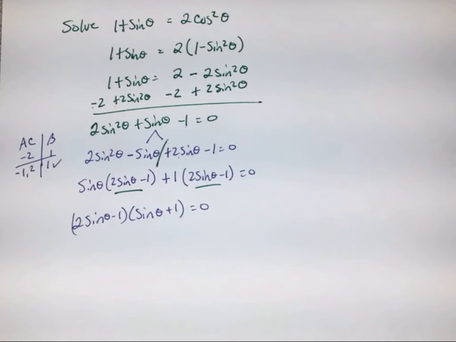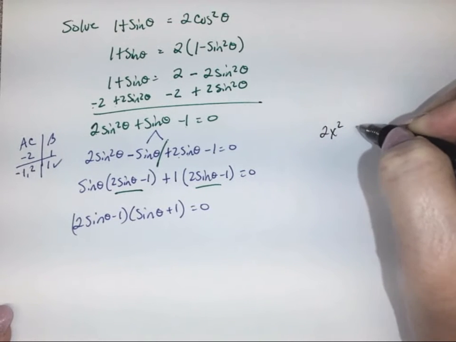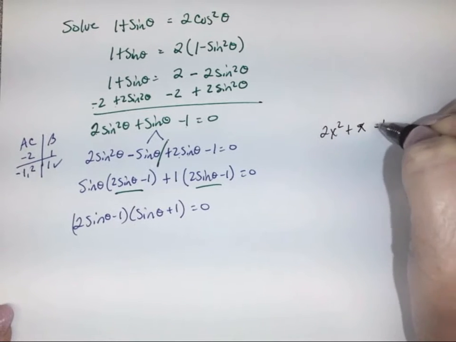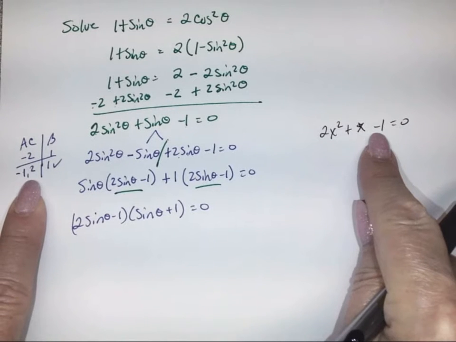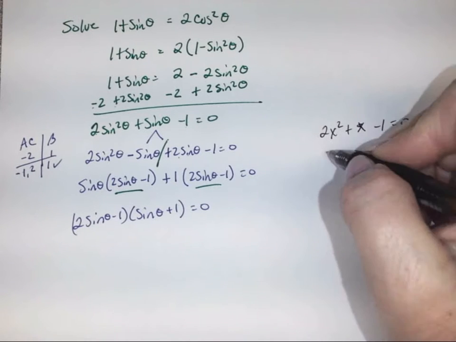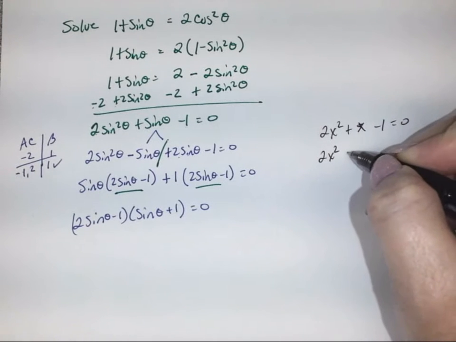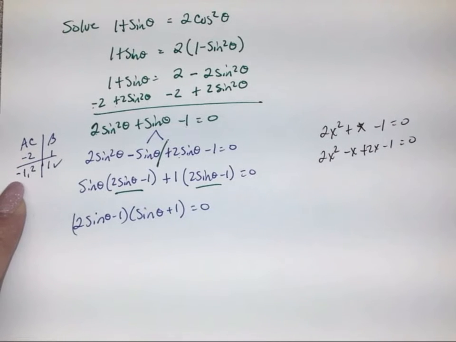Now, if you really don't want to use the sine parts, you can use x instead. So you'd have 2x squared plus x minus 1 is equal to 0. You're going to get the same 2 times negative 1, same 1 value, so you'd still rewrite it. You'd get 2x squared minus x plus 2x minus 1 equals 0. You're still going to split it in half.